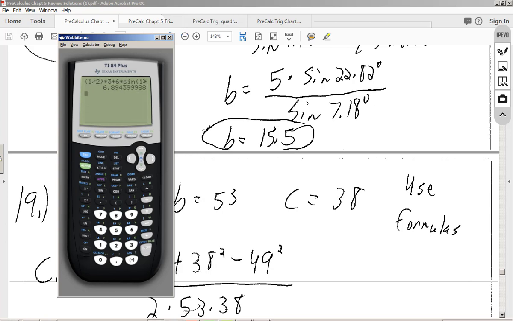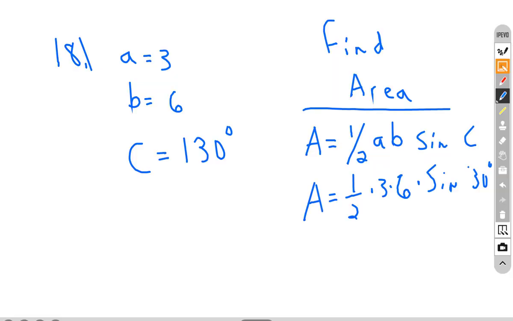Hit enter, and it looks like that comes out to be 6.894. So 6.894 is your answer.